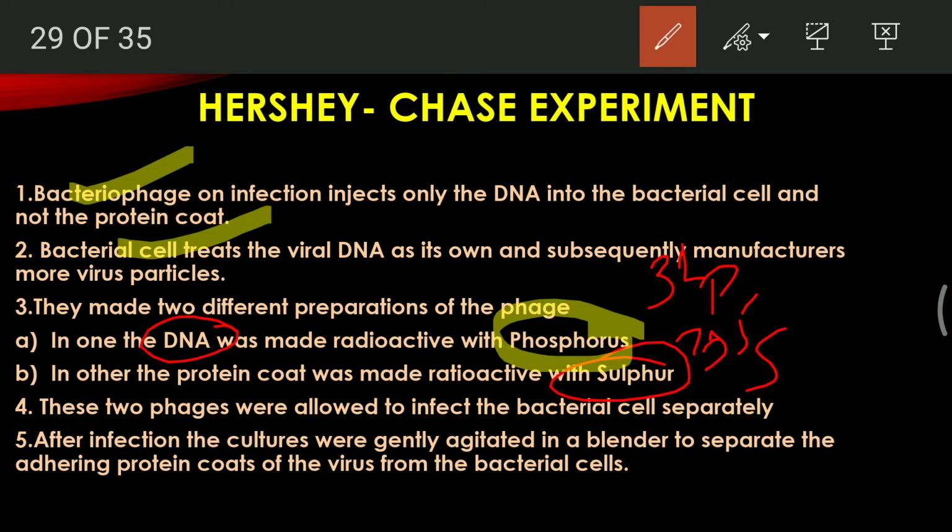See, DNA has the presence of phosphorus, and phosphorus was labeled with a radioactive substance, which was P32. And sulfur was present in the protein coat, and it was labeled with S35, an isotope of sulfur.